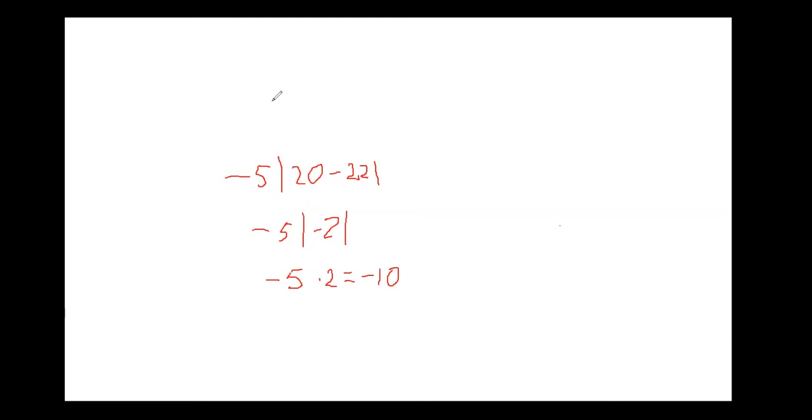I'm sorry. So we're going to go -6, and we're going to multiply times the absolute value of 4 minus 7.